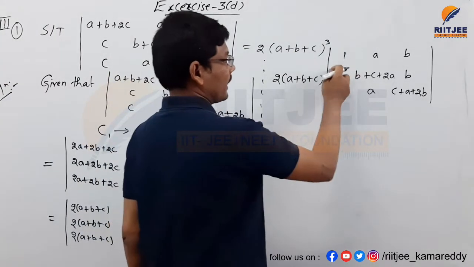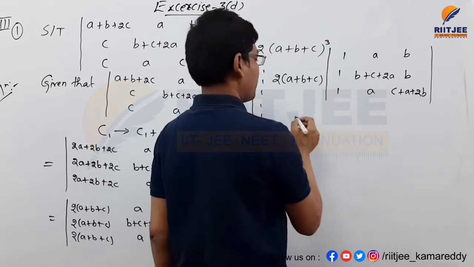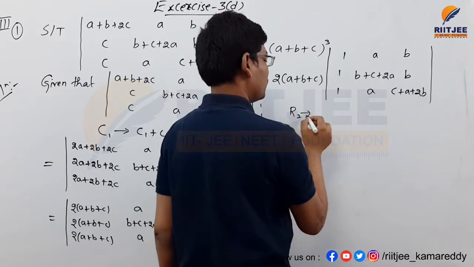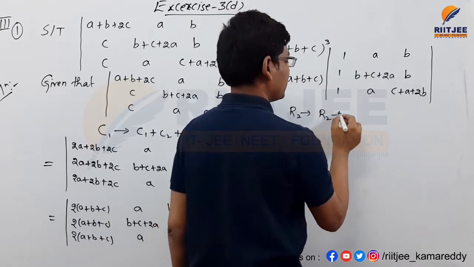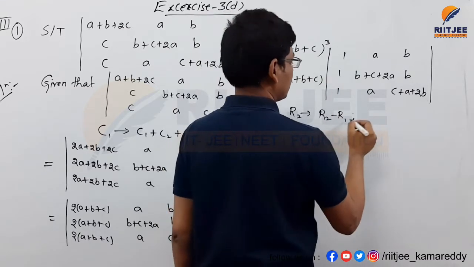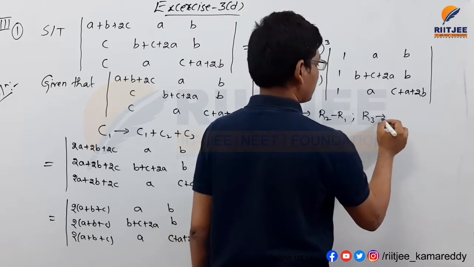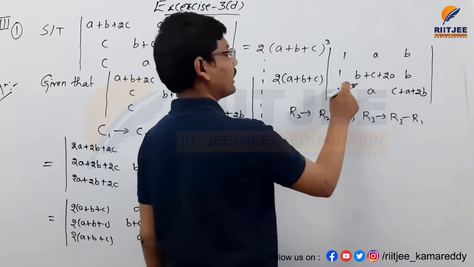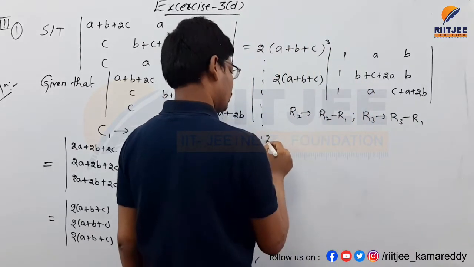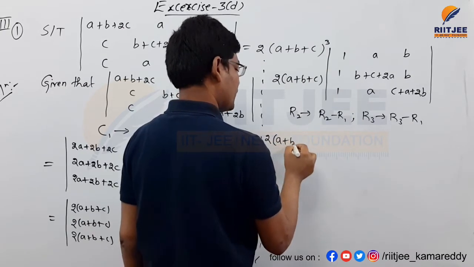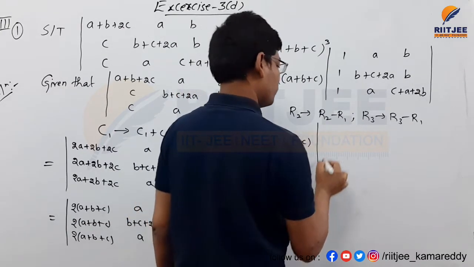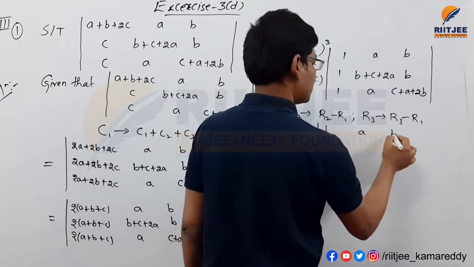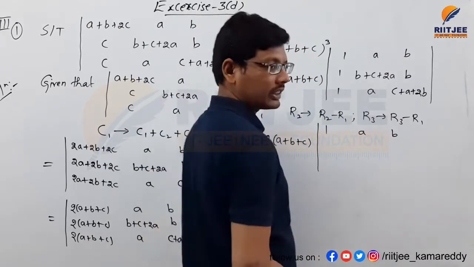Here I am eliminating these two terms by changing R2 to R2 minus R1, then it will become 0, and similarly R3 to R3 minus R1. Then these two elements automatically become 0. We have 2 of (a plus b plus c) common, and row 1 is 1, a, b. This stays the same because we are not changing R1.